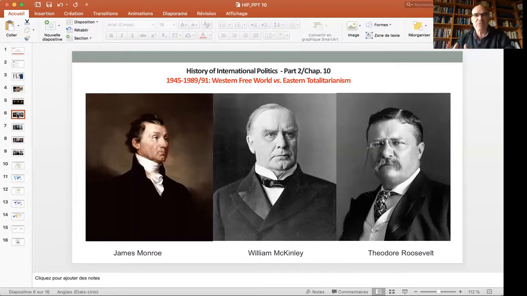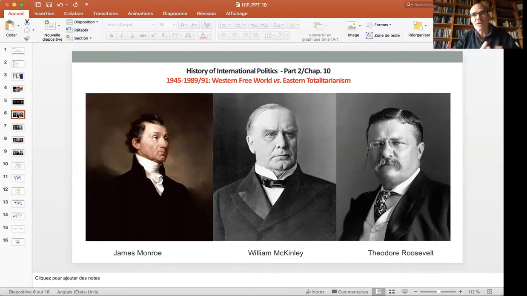If European powers intervened, this will be considered as an unfriendly move by the US, and the US therefore will be ready to defend itself and to defend the independence of those Latin American, those Spanish American colonies that were about to become genuinely independent.